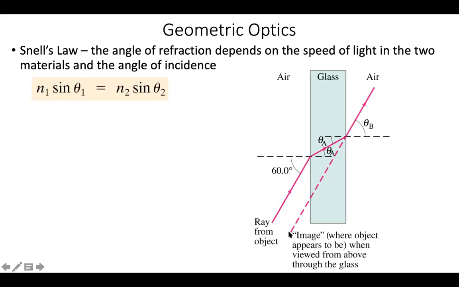You think the fish appears to be in this location, but in reality, the fish is in that location. And it's even more severe because there's the change through the glass and then another change through water. It's not air, glass, air. It's air, glass, water, glass, air to your eyes.